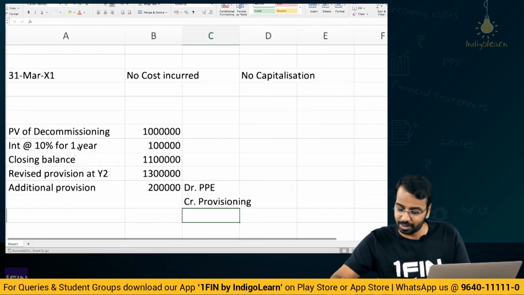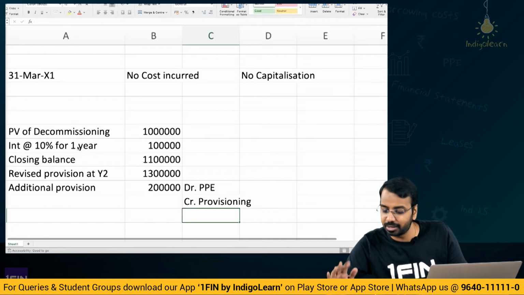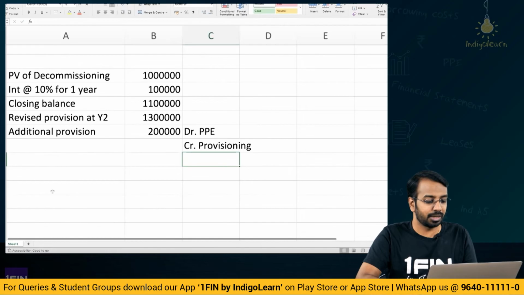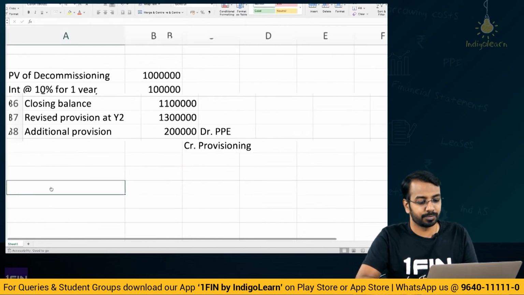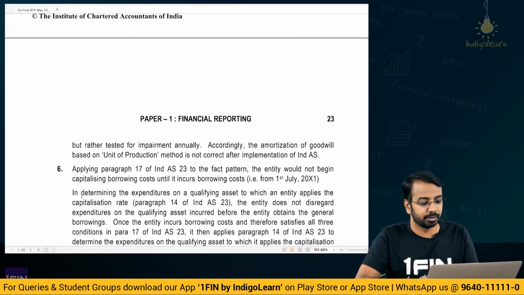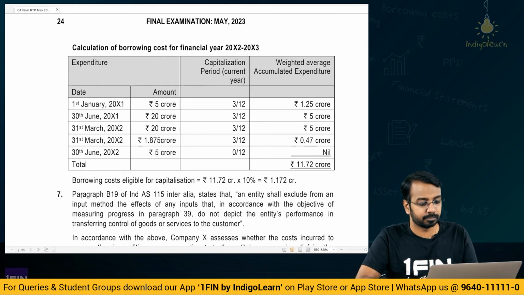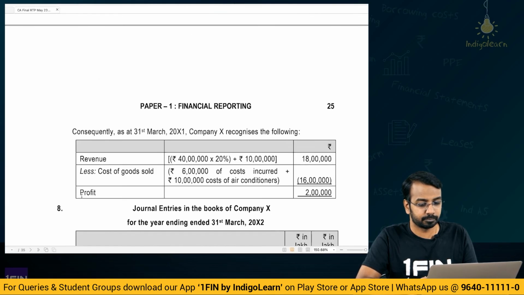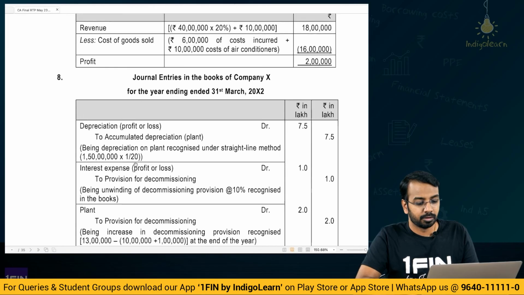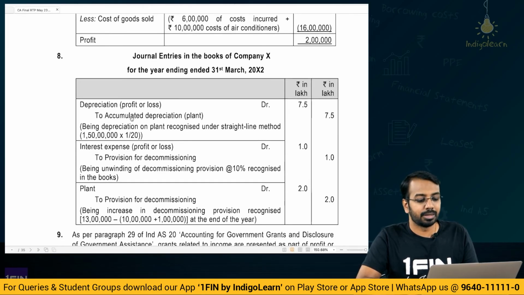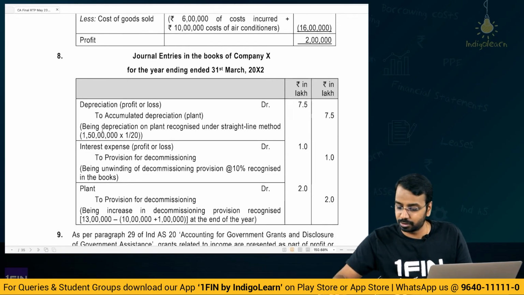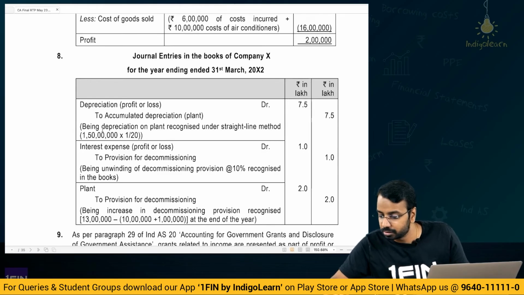That is very simple. Then what have they asked? They have asked necessary journal entries. So, what are the journal entries? First one is interest expense, 1 lakh. Depreciation: so, depreciation based on the cost. What is the cost given? The cost to construct the plant was 1.5 crores.